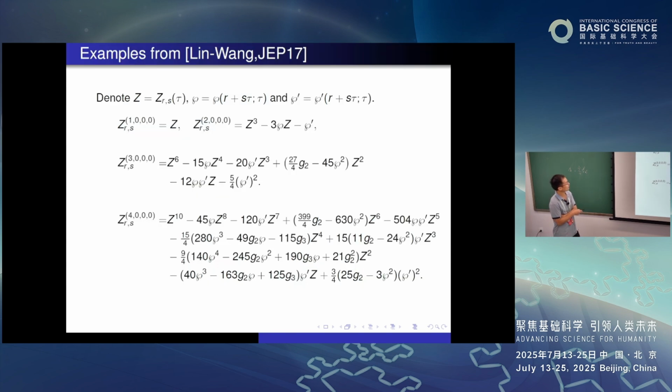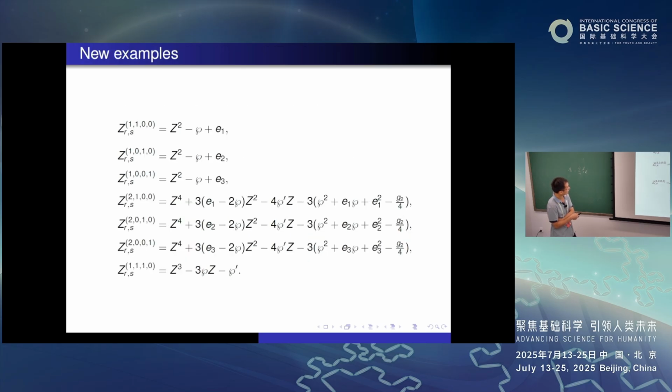So here are some examples of the explicit expression of such pre-modular forms. It looks very complicated when n is large. Here are also some new examples.